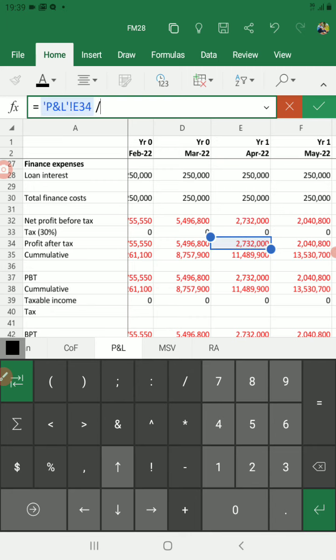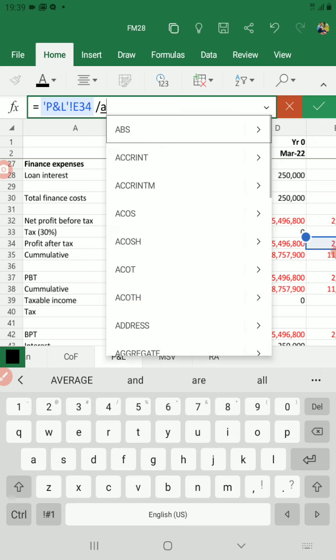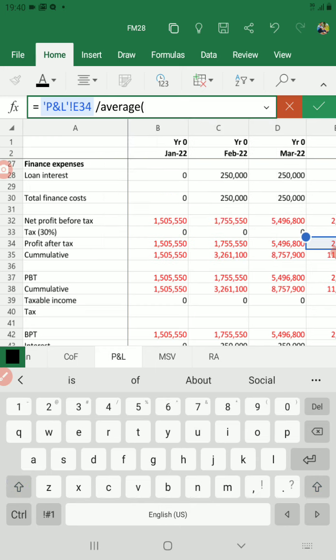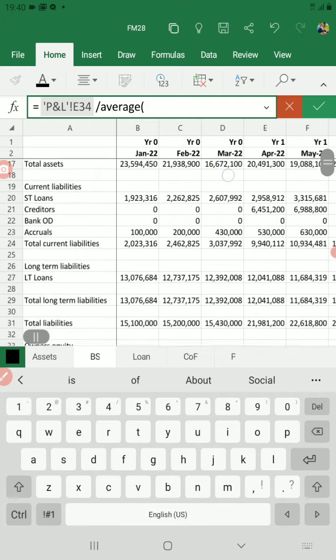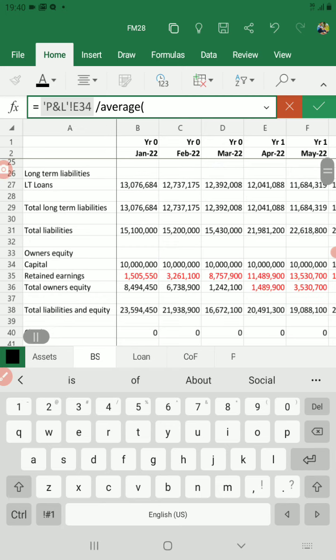So divide by, start to type average, open the bracket, and then go to monthly balance sheet, and then total equity for the company, owner's equity is here.